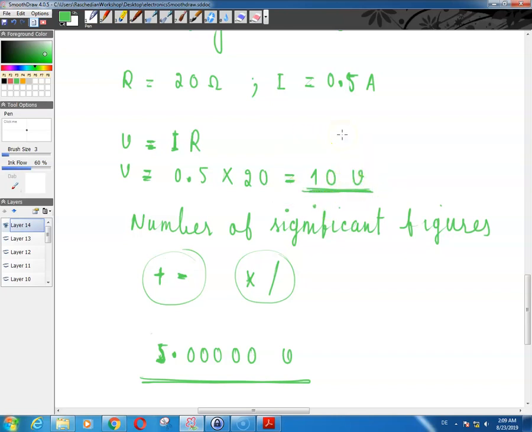Once you start working in electronics, you will get some sort of feel for numbers, and you will know how to round your numbers. You would actually be following all of those rules without following them.